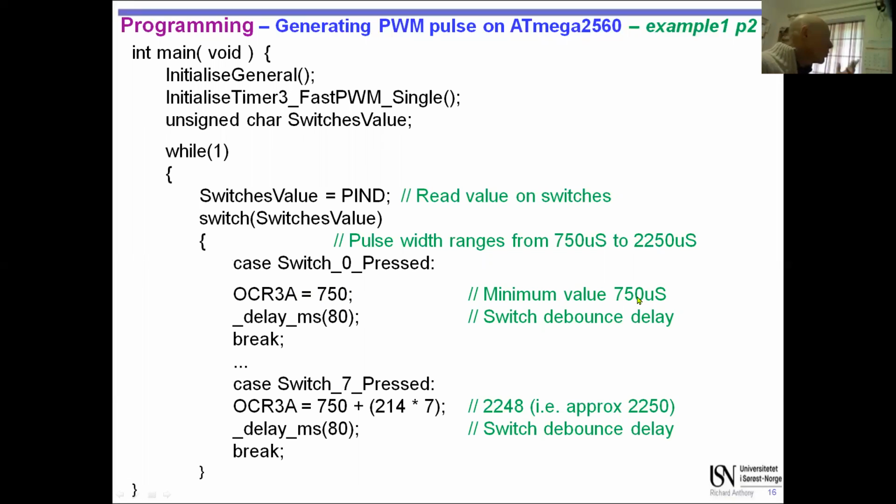I'm not going to go through every line of code in that detail because you can read it later, but that's what I've done. By setting this value in the timer register, the servo will point to the minimum pulse width. So switch 0 takes it to one end.